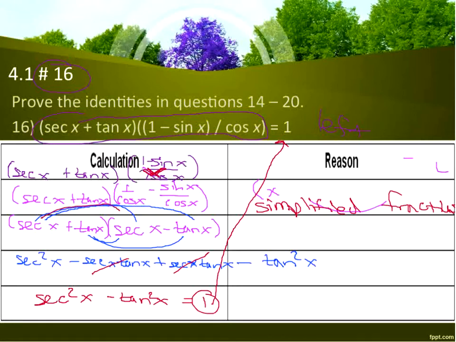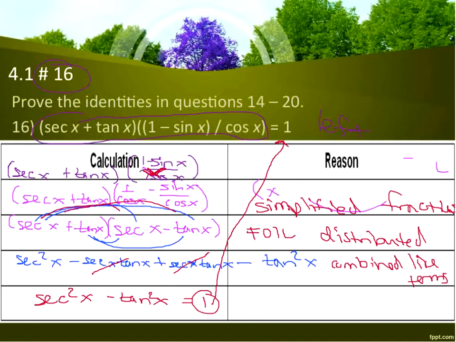Then what did we do on this next step? We FOILed, or we distributed. Here we combined some like terms. And then lastly, my proof for this one is that that is actually your Pythagorean identity.